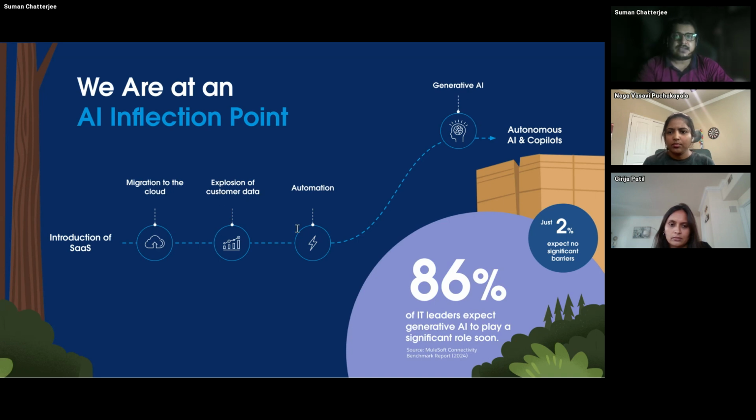Now, in today's landscape, approximately 86% of IT leaders are anticipating that generative AI will significantly impact their digital transformation within their organizations. Right.